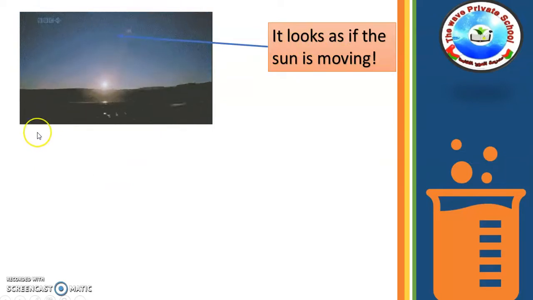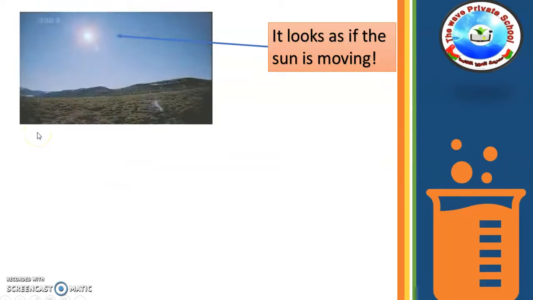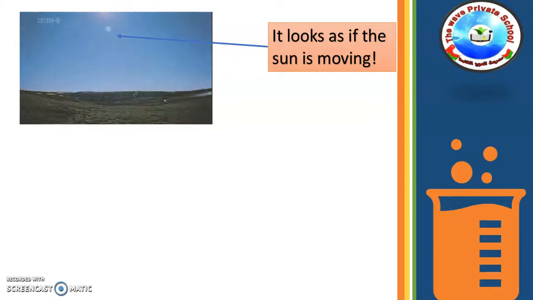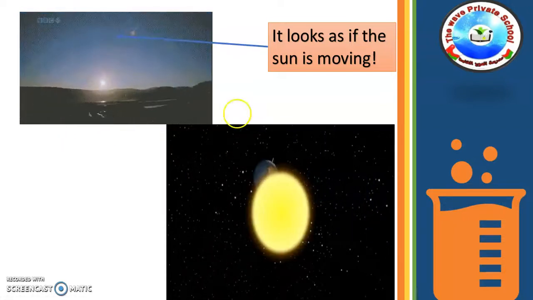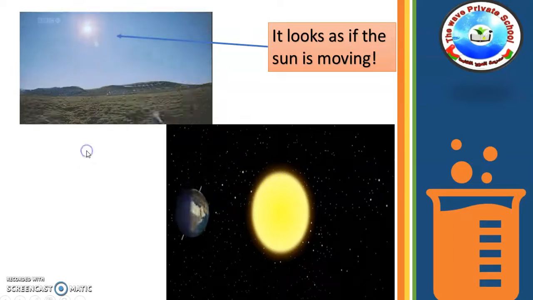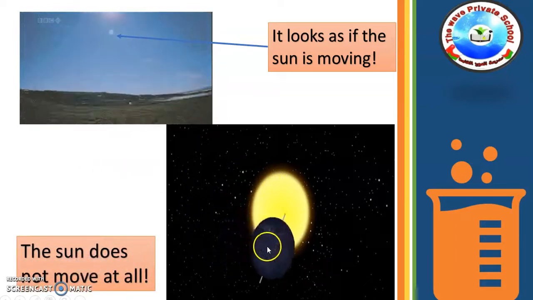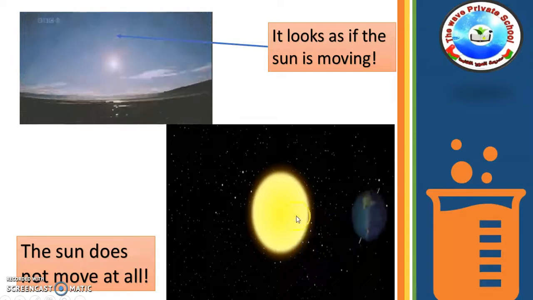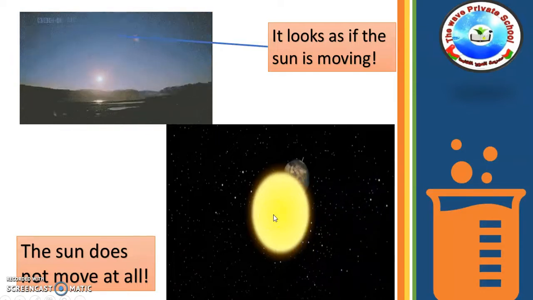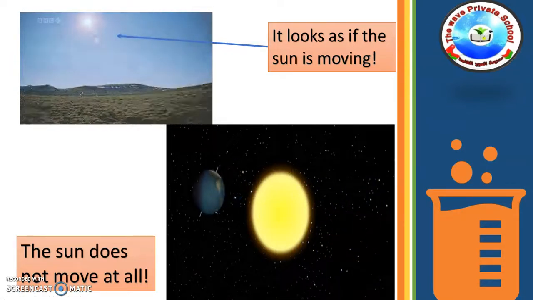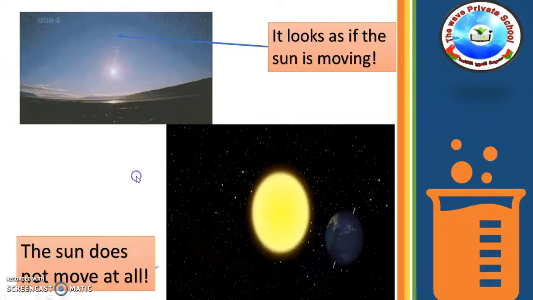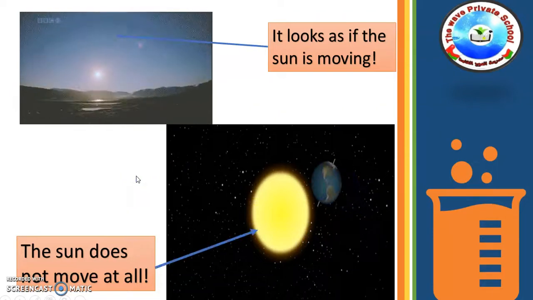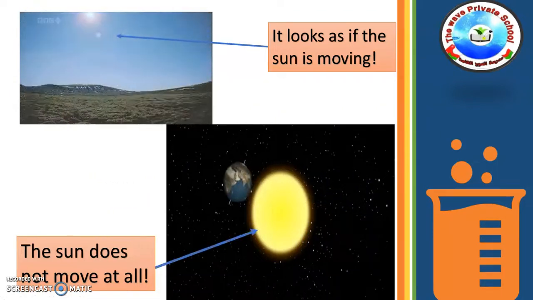But I want you to take a closer look in this next video. You can see the Earth and you can see the sun. Now you know that the sun does not move at all.